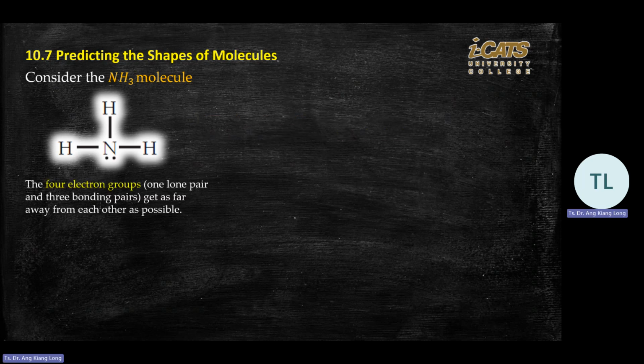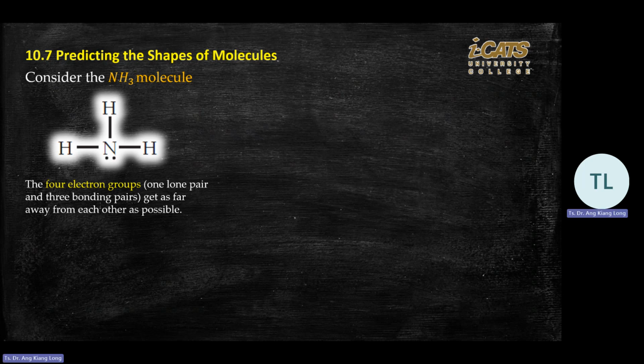Are you able to understand? Here you have 4 electron groups: 1 lone pair, and 3 single bonds. So you have 4 electron groups.